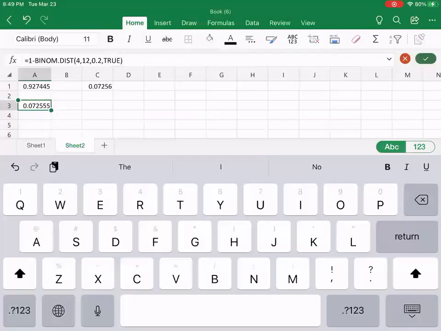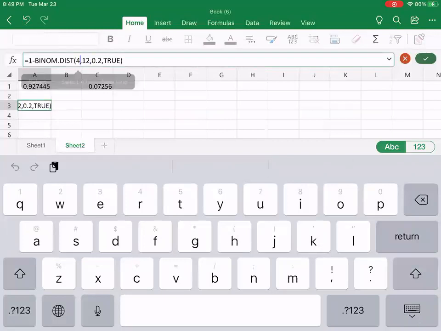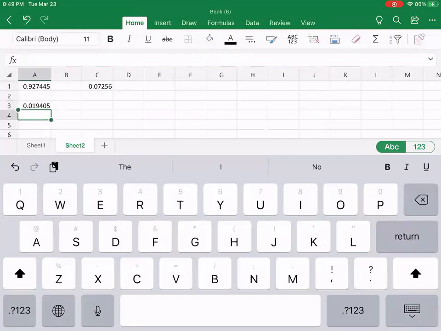We're going into Excel, change this 4 to a 5. 0.019.